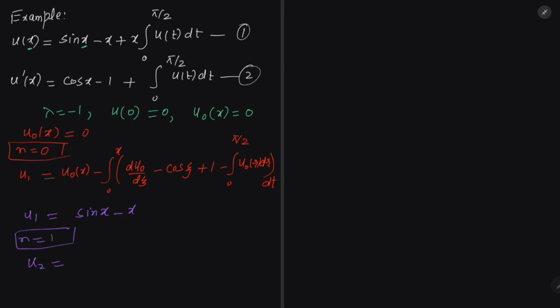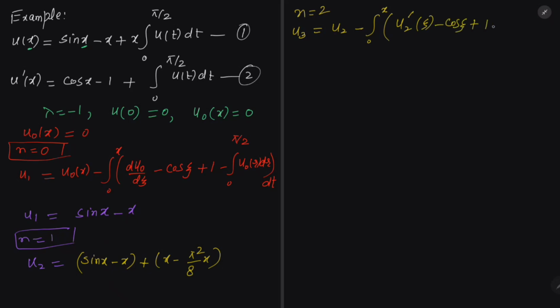Similarly, for n equal to 1, we have u2 is equal to sin x minus x plus x minus pi square by 8 x. Similarly, for n equal to 2, u3 is equal to u2 minus the integral from 0 to x of [u2'(xi) minus cos xi plus 1 minus the integral from 0 to pi by 2 of u2(r) dr] d xi.